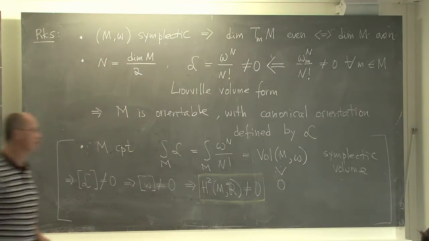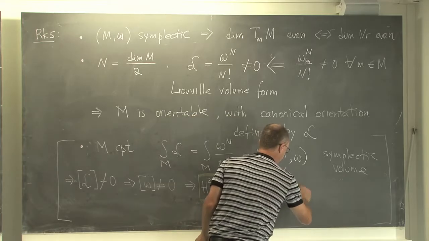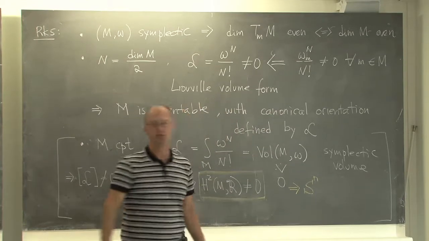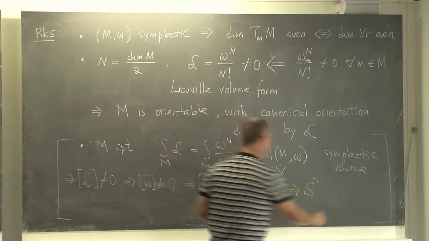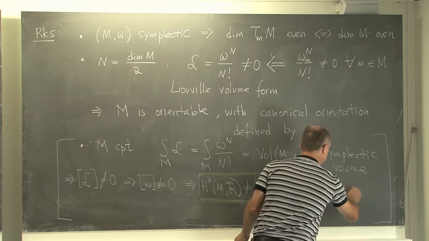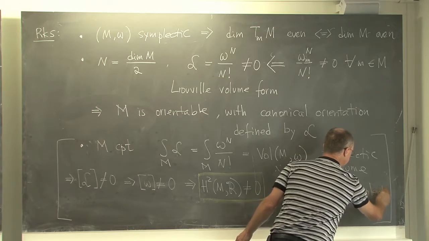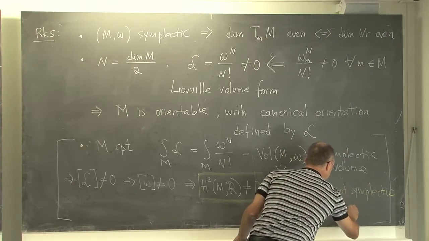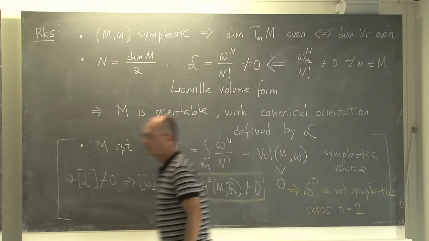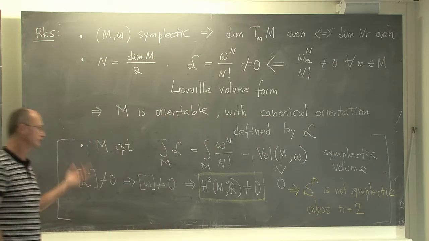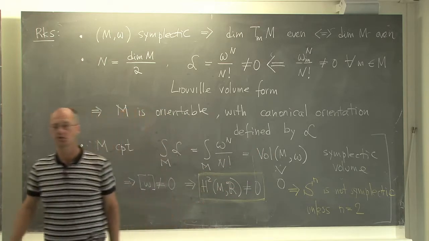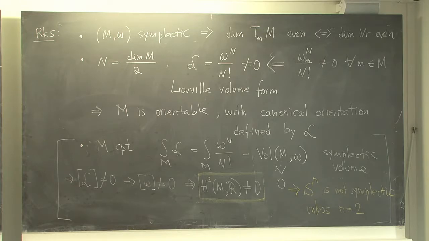For instance, what you can say for the simplest situations, if you take an n-dimensional sphere, then we see that it is not symplectic unless n is equal to 2, because for n equal to 2 we do have H2, but for other n's we don't have H2, and therefore we cannot find a symplectic structure on n-dimensional spheres.